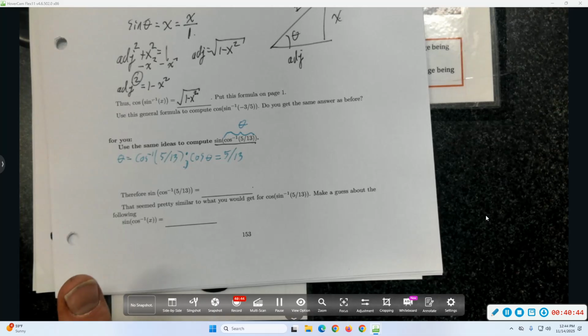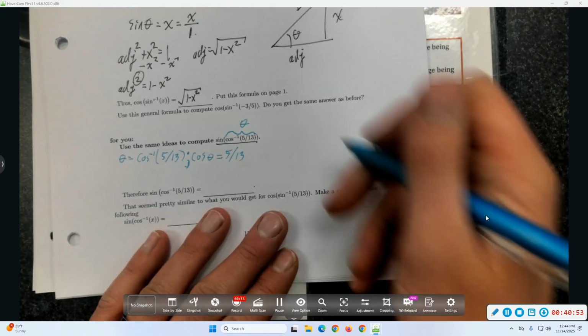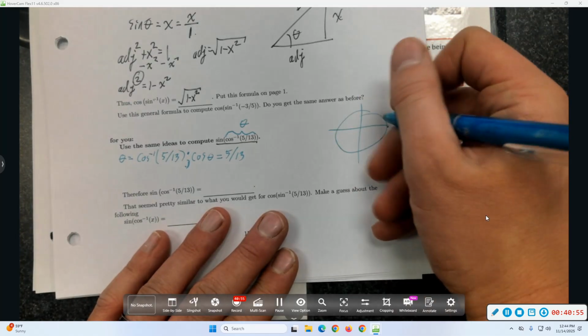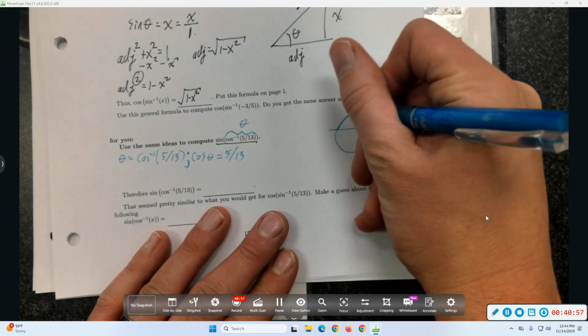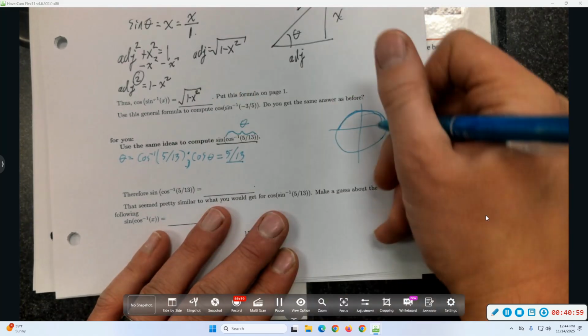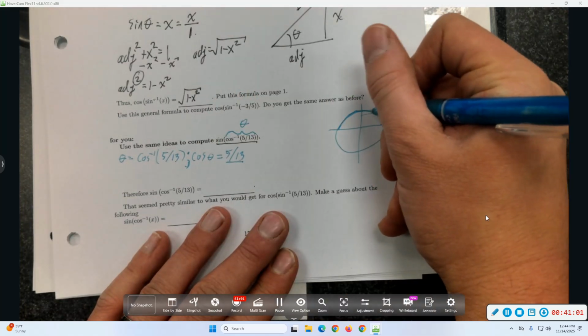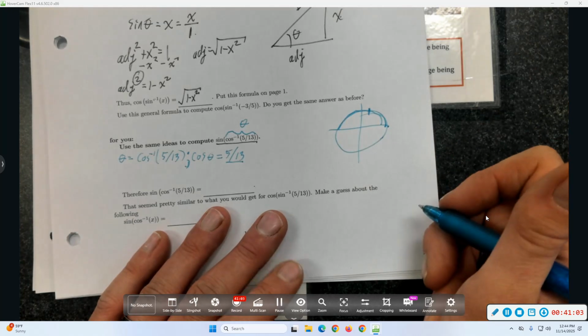What quadrant should this angle be in? 1 or 2. Which one of 1 or 2? 1, because it's positive. Range of inverse cosine is quadrant 1 or quadrant 2. 5 over 13 is positive. So this angle is in quadrant 1.